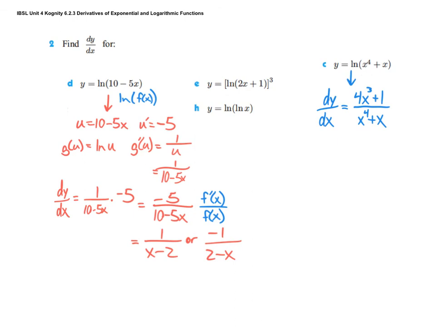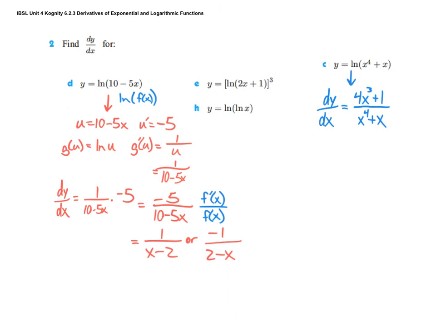Okay? Now, you have things like E where we have a double chain. We have the 2x plus 1 inside the natural log, and that is inside the cube. Alright, so you're going to have to do chain rule twice. What would you do first there? Work from the outside in. The outermost function is the cube.